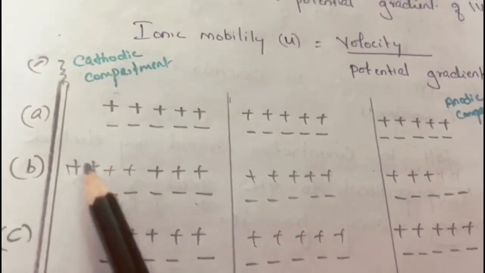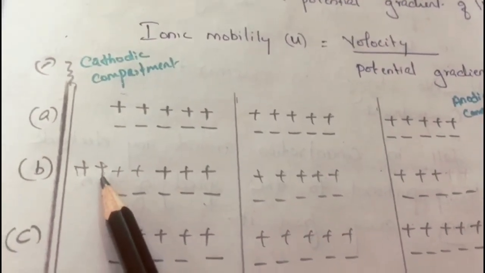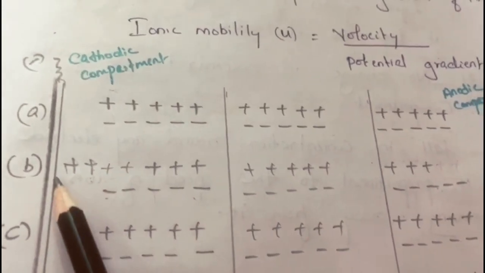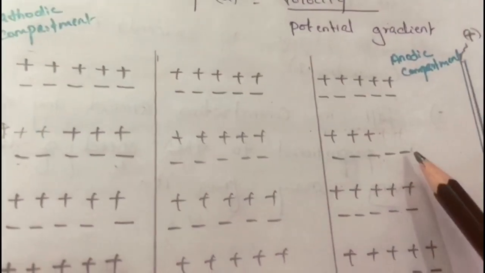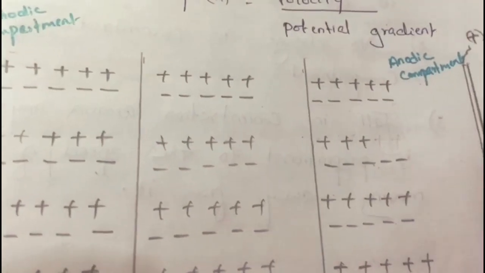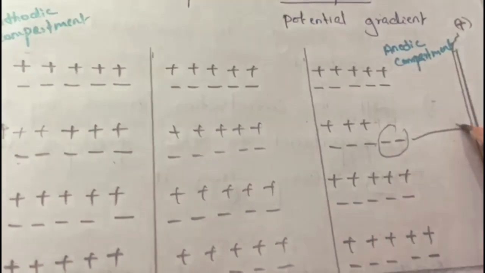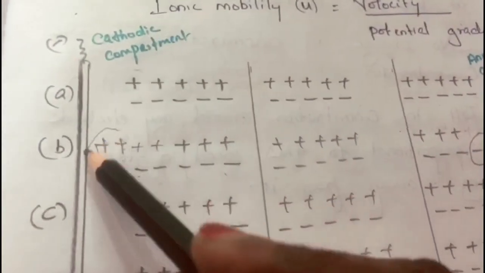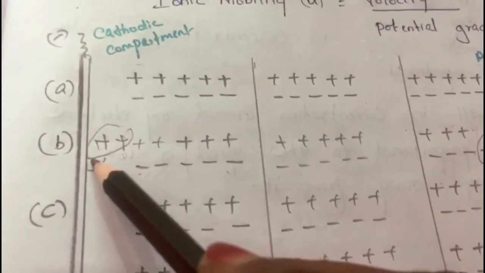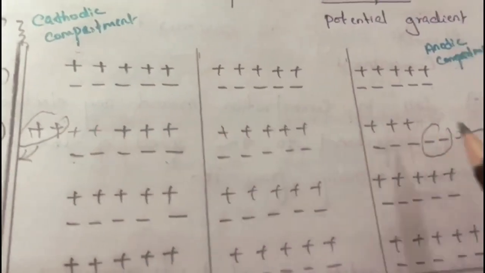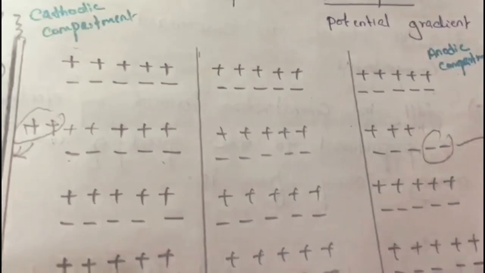So the unpaired cations will accept electrons, undergo reduction and be discharged at the cathode. Here two anions are there. Two anions will lose electrons and be discharged at the anode. So these two anions will be discharged at the anode and these two cations will be discharged at the cathode. So here what happened? Only cations move but the same number of ions are discharged at both the electrodes.